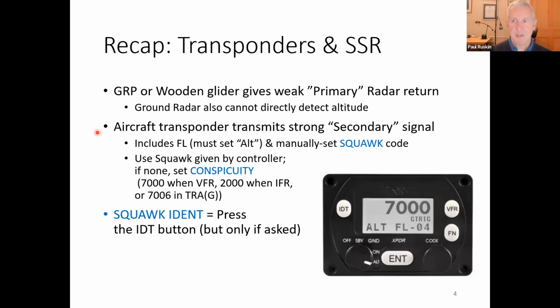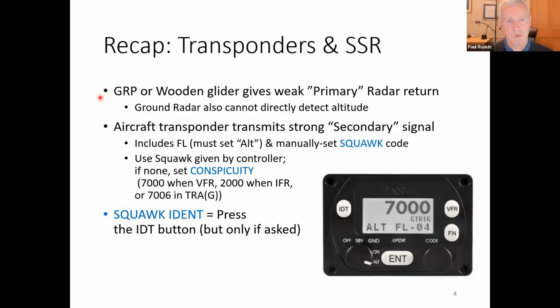And what happens there is they send out an interrogation signal and the aircraft sends a signal back, and the signal has some information in it. So it's not a reflection. They trigger a transmission and look and see where it comes from.